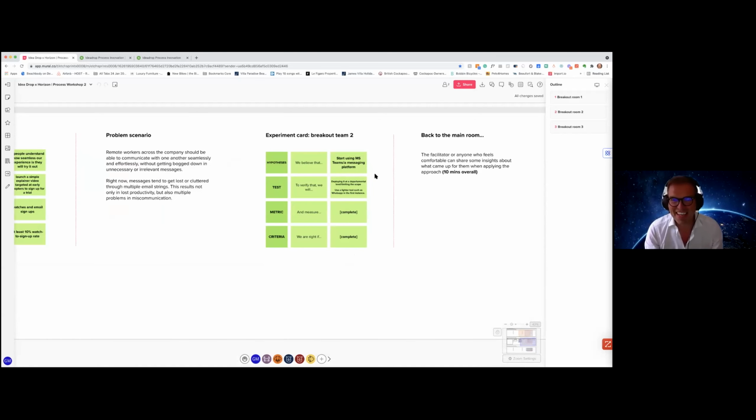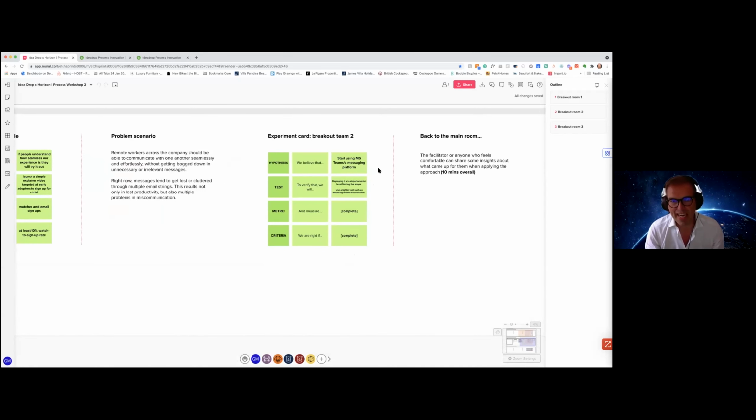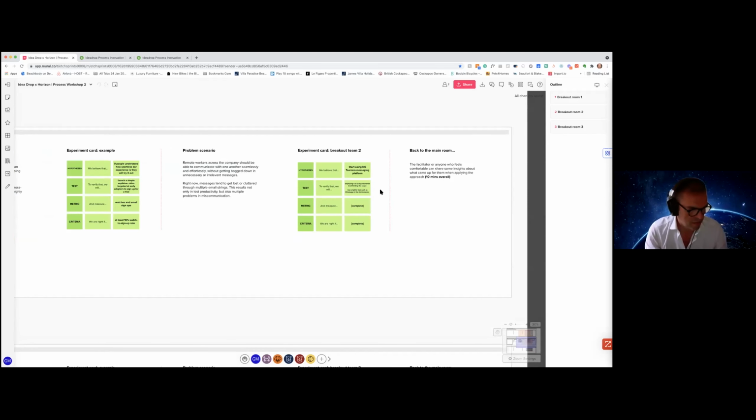Rather than MS Teams, we need a messaging platform. And then the test would be, can we create micro teams within the organization, one testing Slack, one testing Teams, one testing this, and so on. So before getting to a solution, look at the market and understand what's going to be relevant. I think that's probably the biggest thing I picked up on.